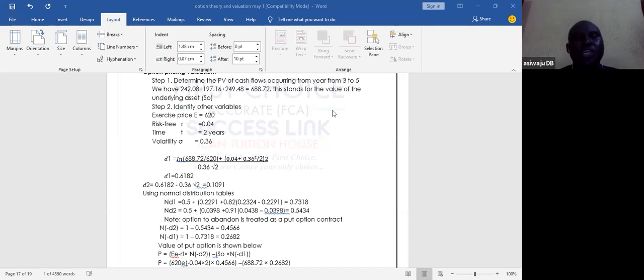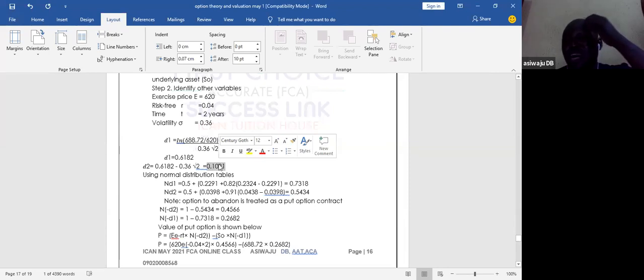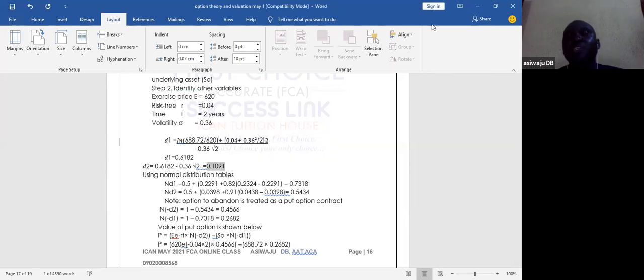Once you get your D1, proceed to compute your D2. Also reconfirm that your D2 is 0.1091. Sir, 0.5 is missing from your D2.